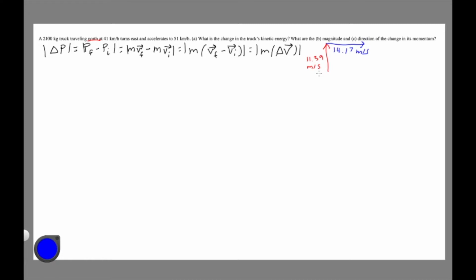So now that we have a diagram of the object's motion, we want to subtract the initial velocity from the final velocity, right? We want to find delta V, which is final velocity minus initial velocity. So incidentally, VF minus VI is the exact same as VF plus negative VI.